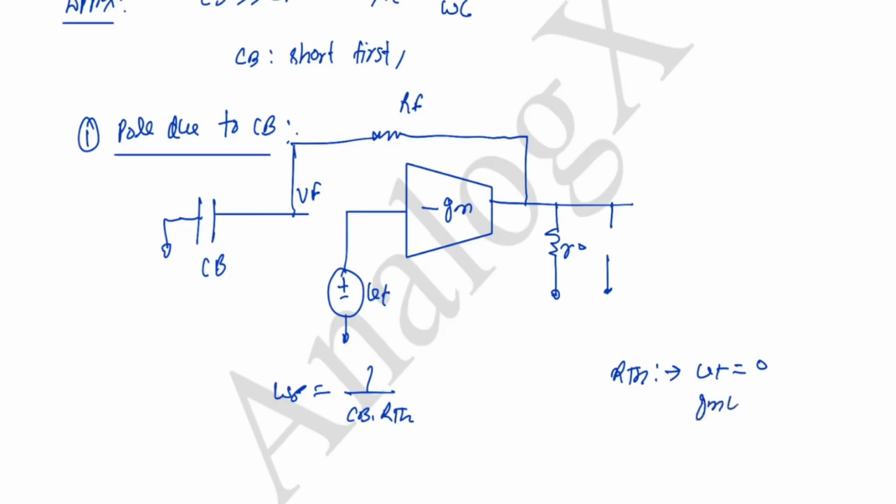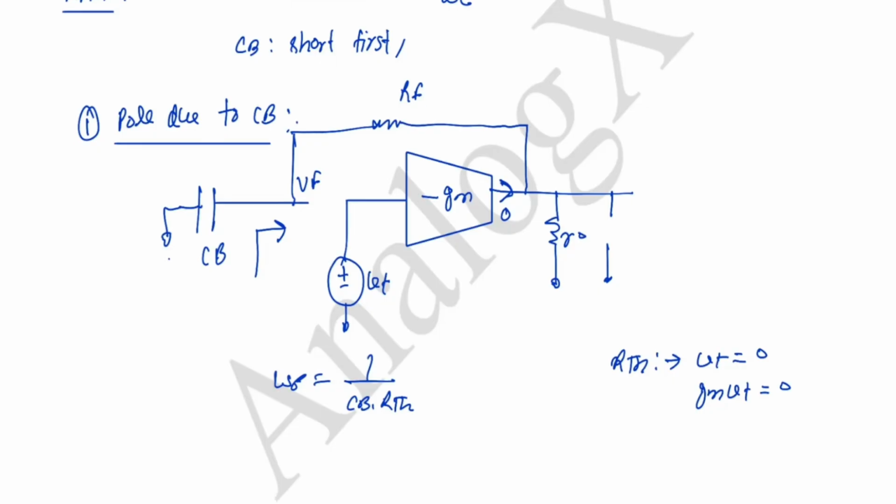So this Gm Vt will also be 0, meaning it won't deliver any current. Now if you look from this side, we will see only Rf plus R naught. So Vin is 0 in the loop gain model, and we again put Vt to 0 to calculate Rth.